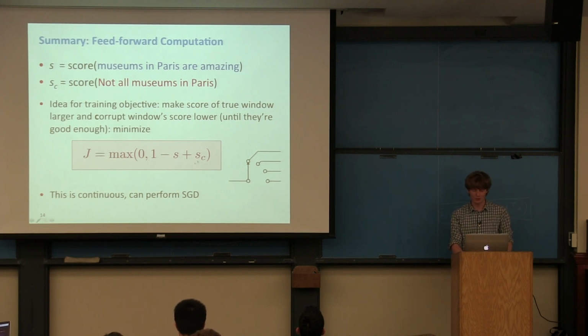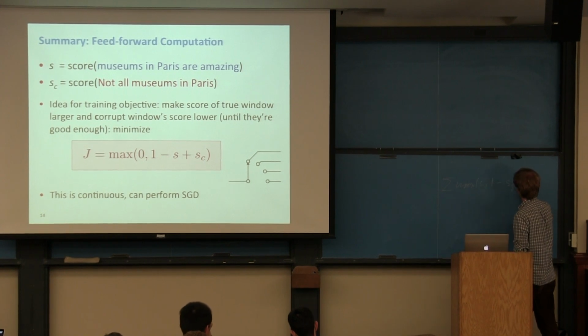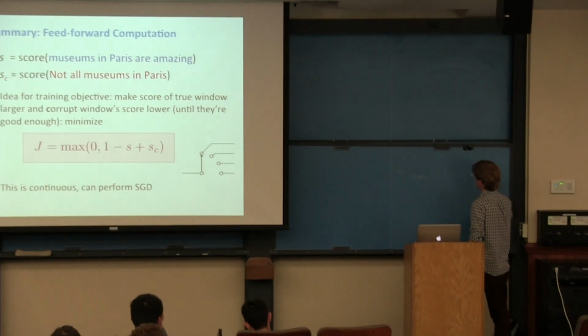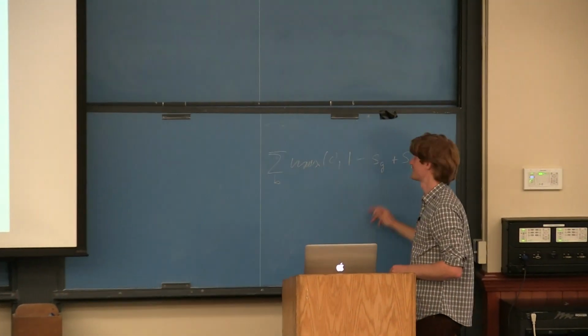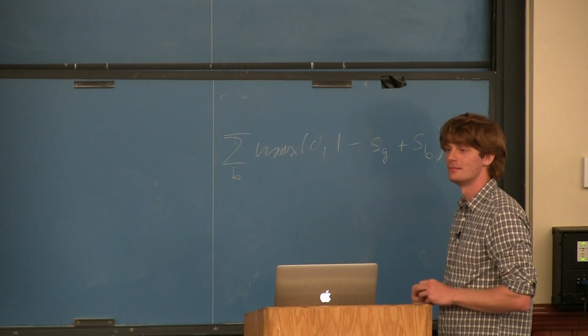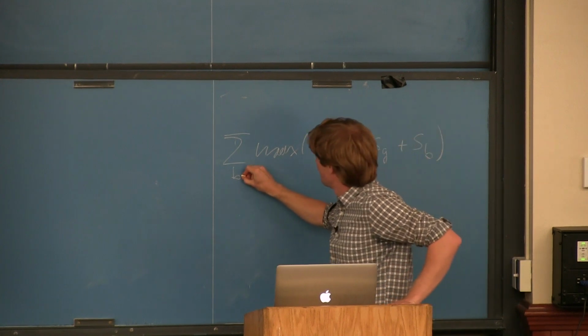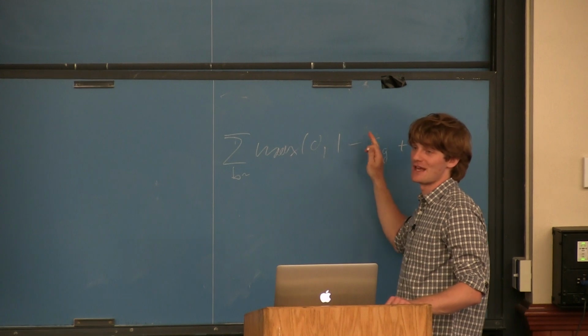So what you would often do here is have a sum over multiple ones: max of 0, 1 minus score of a good window plus score of a bad window, and we can sum over multiple bad windows for each good window, because we can generate lots of bad windows very easily. Oftentimes you'd have maybe 50 or so, because if you have too many, you start overfitting on just that one example.